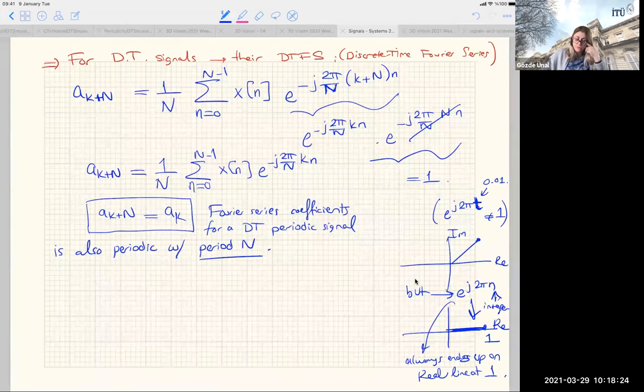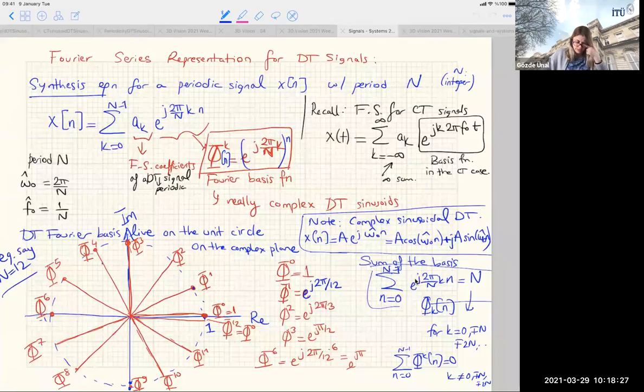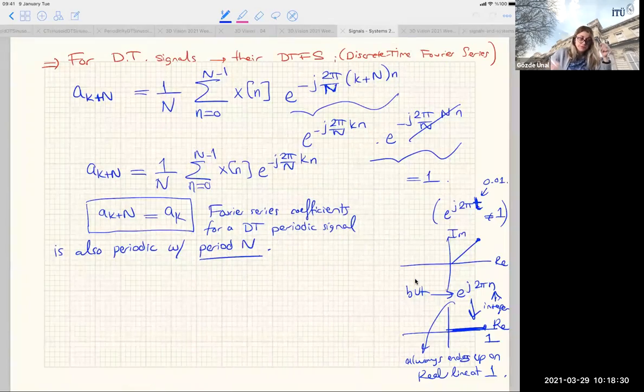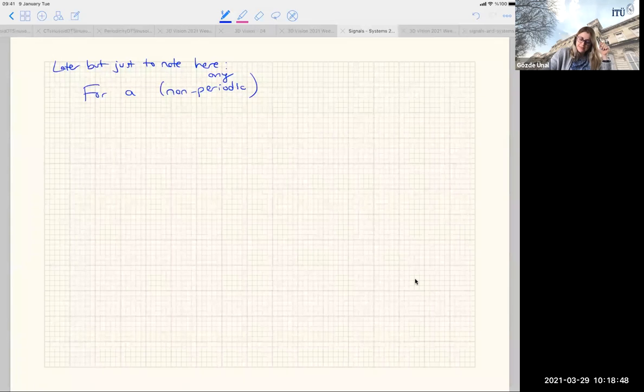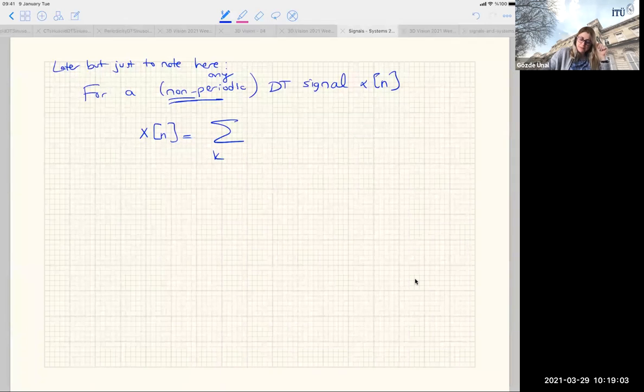Okay, so we've just shown the analysis equation and synthesis equation for discrete time signals. Recall, this will come later, but just to note here, because you are using this in your homeworks already: for a non-periodic signal, or any discrete time signal, important, non-periodic, I have the similar x of n, but this time it's going to lead my k to run from minus infinity to infinity.